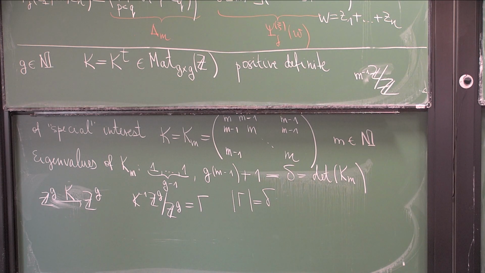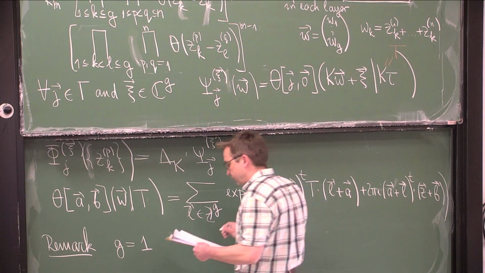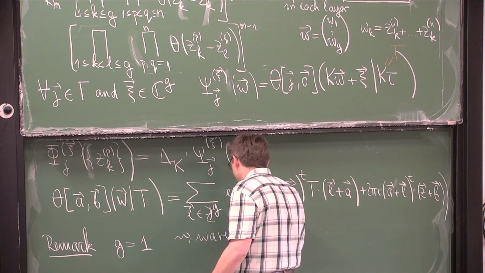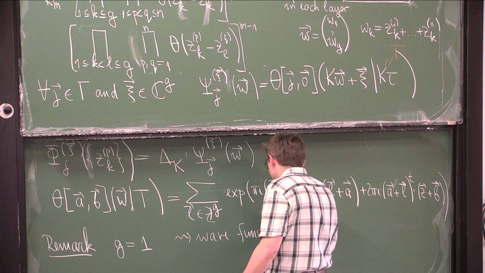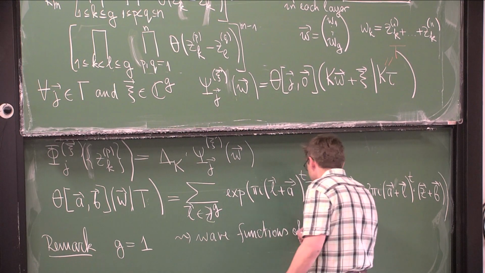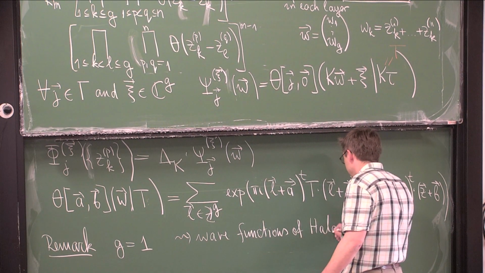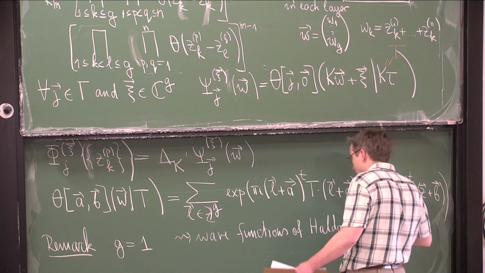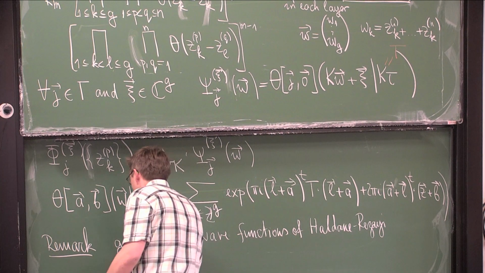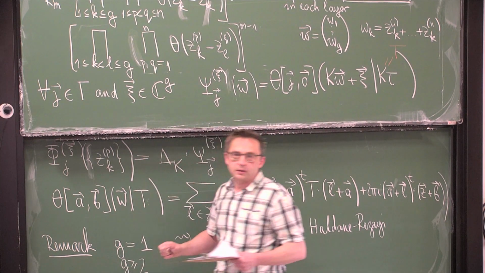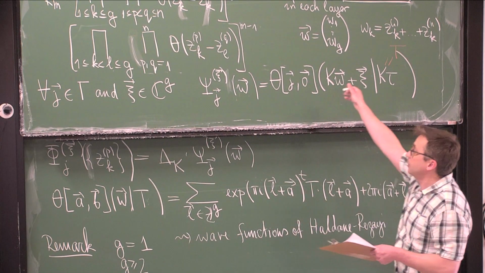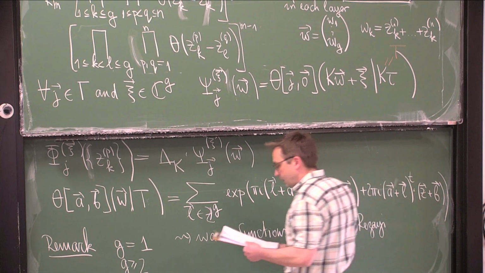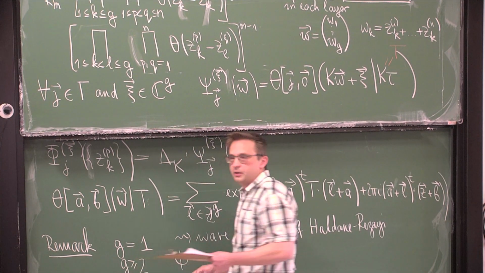So for g equal to 1, we recover the wave functions of Haldane and Rezayi. For g at least 2, I have to remark that the constructed functions are neither symmetric nor antisymmetric.